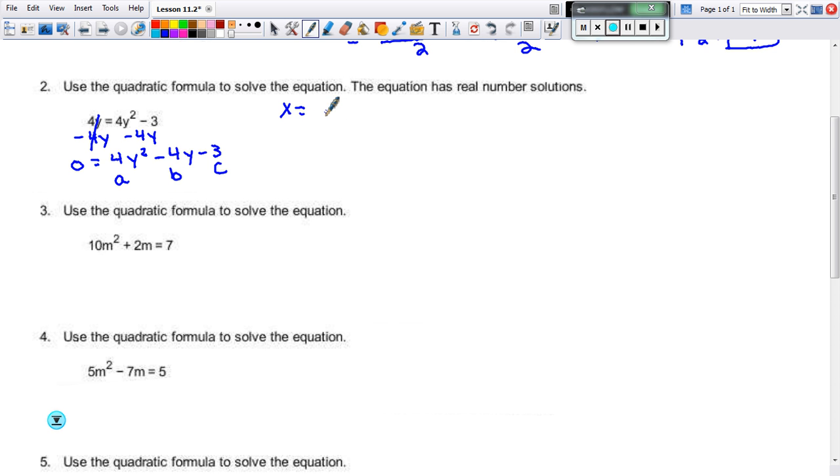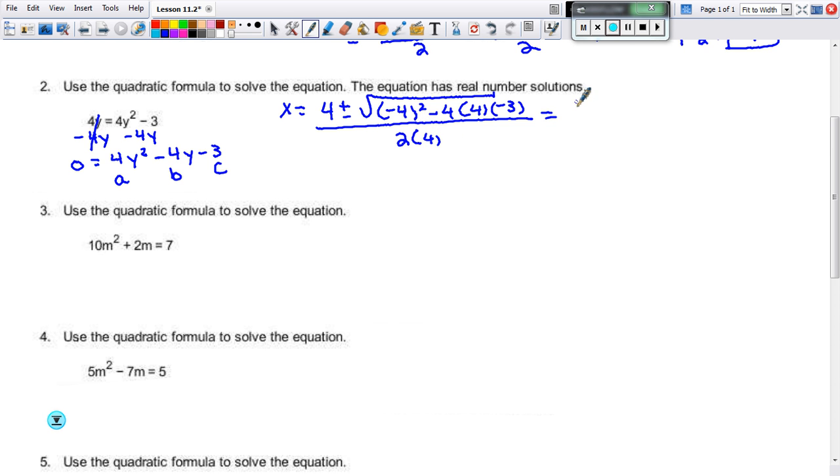The opposite of negative 4 is positive 4, plus or minus the square root of b squared, negative 4 squared, minus 4 times a times c, all over 2 times a.